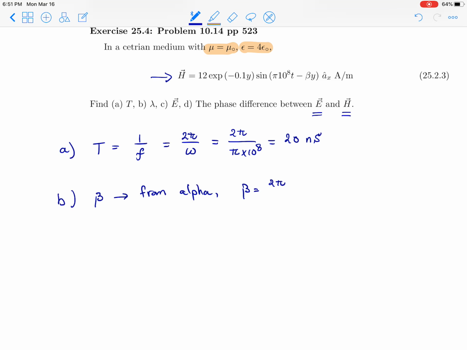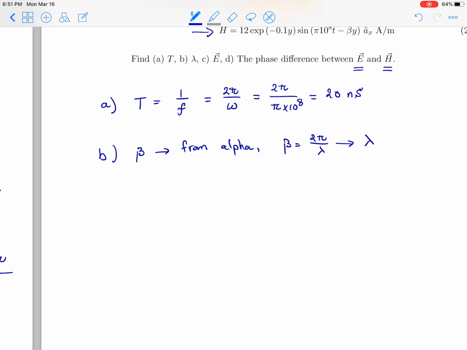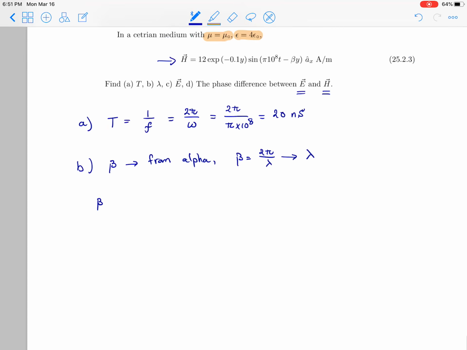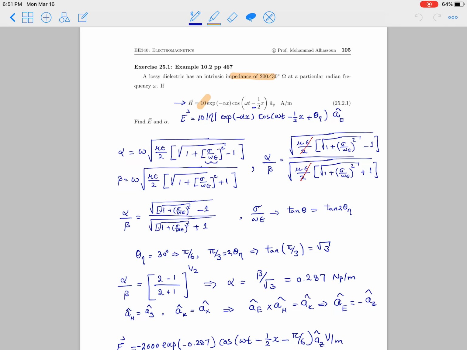And we use the fact that beta is 2 pi divided by lambda to find lambda. And that's what we're going to use. So let's start by finding beta. So remember, we have, let me copy these formulas.